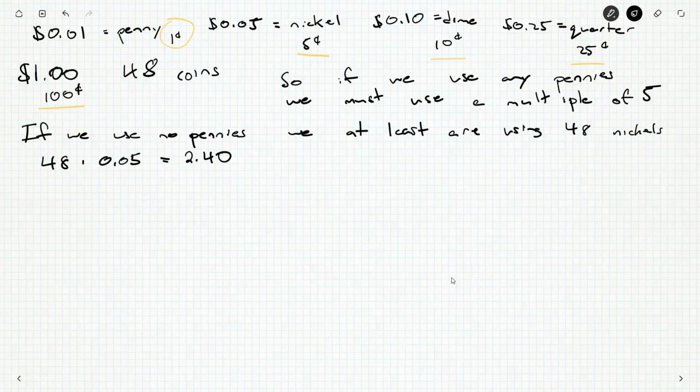All right. I'm probably going to drop the units here, because it's whole numbers. It's a little easier to work with, but this is way too big. So we must use some pennies.